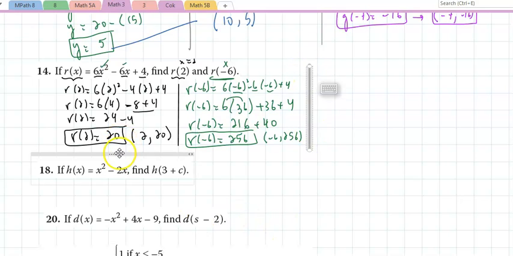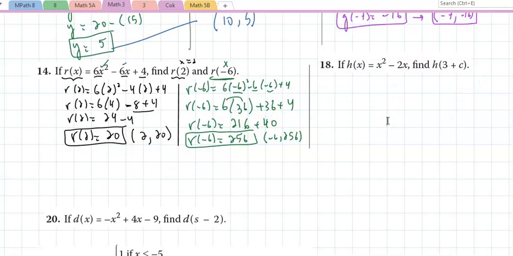Now, we're going to change this slightly, and again, this is nothing more than you saying y equals x squared minus 2x. If x is 3 plus c, do you agree that you're going to replace it in two places? If I say what's h of 3 plus c, wherever you see an x, replace it by those two values.